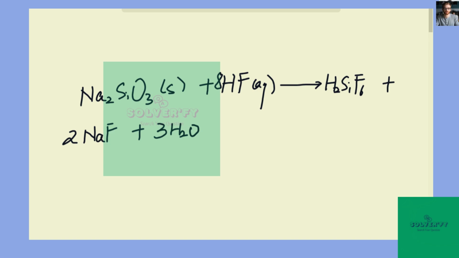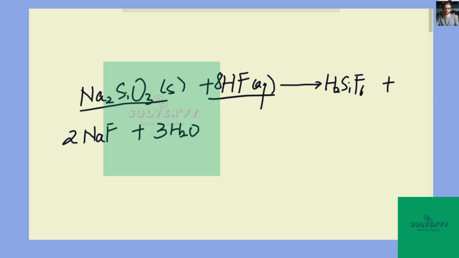So the first question is how many moles of HF are needed to react with 0.3 moles of sodium silicate? This is just understanding the stoichiometry.